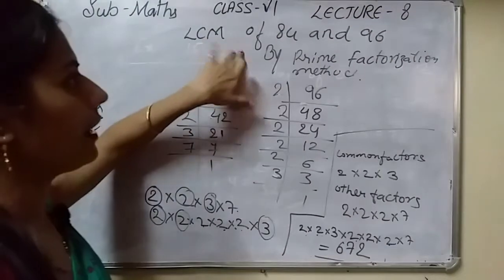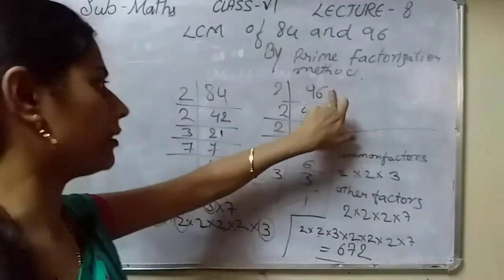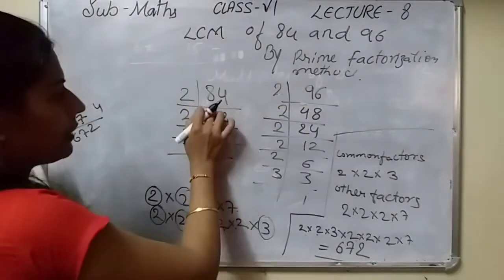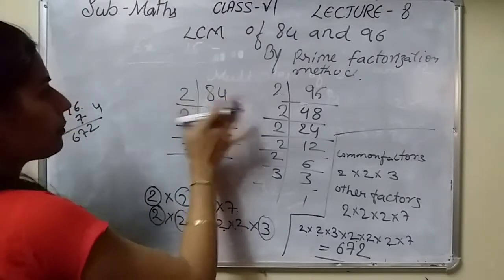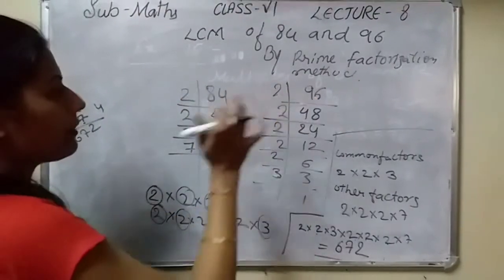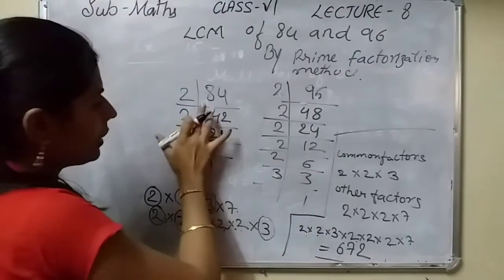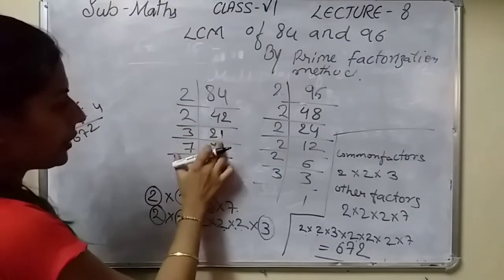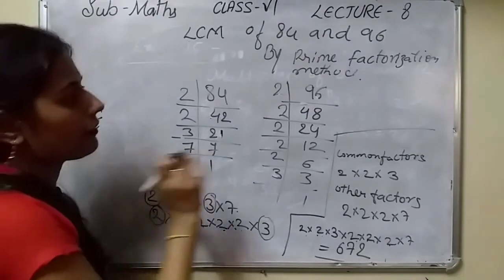They are asking to find the LCM of 84 and 96 by prime factorization method. How to find it? By 84 and 96, we have to take the prime factors. First of all, divide by 2. Here by 2 you got 42, then 2, 21, again by 3, then 7, 7 1s are 7.